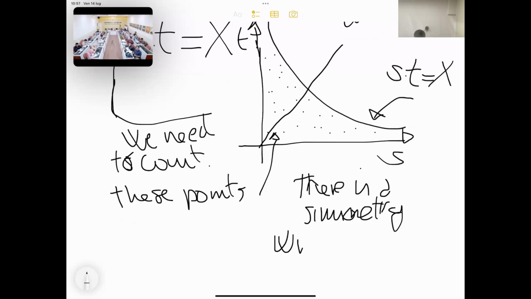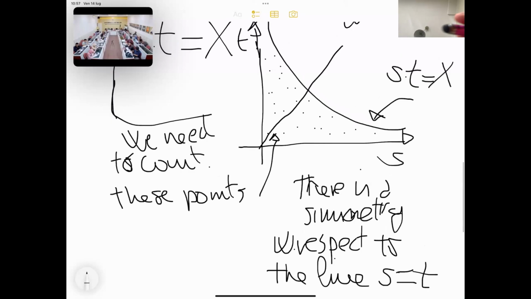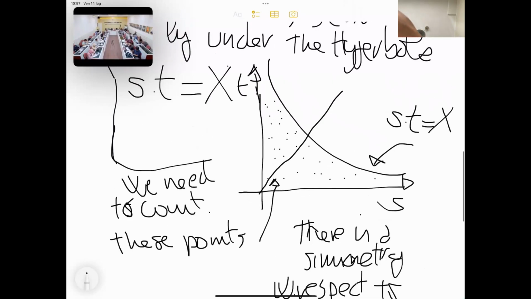With respect to the line S times T equal to x, all the points here, the number of points here is equal to the number of points here.